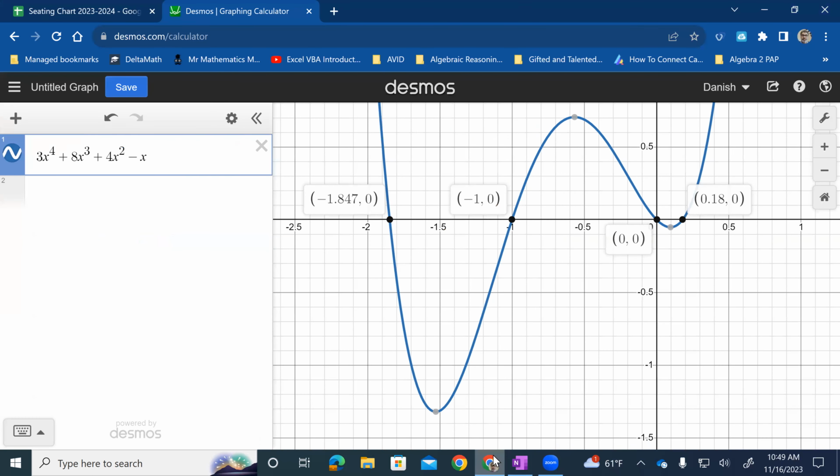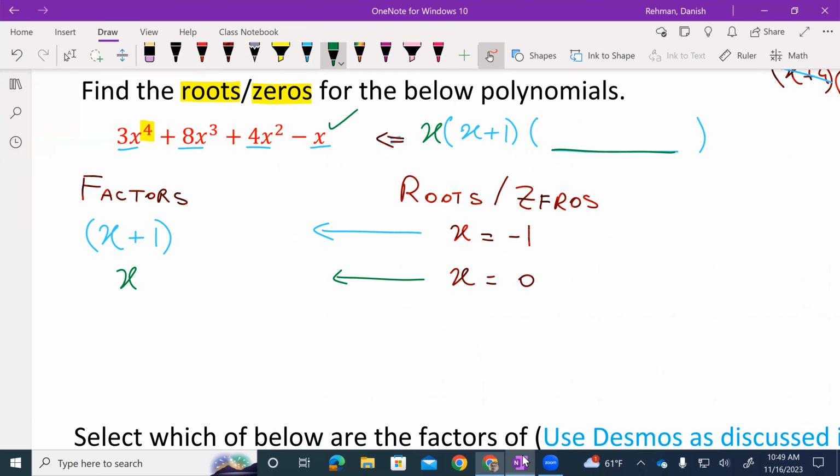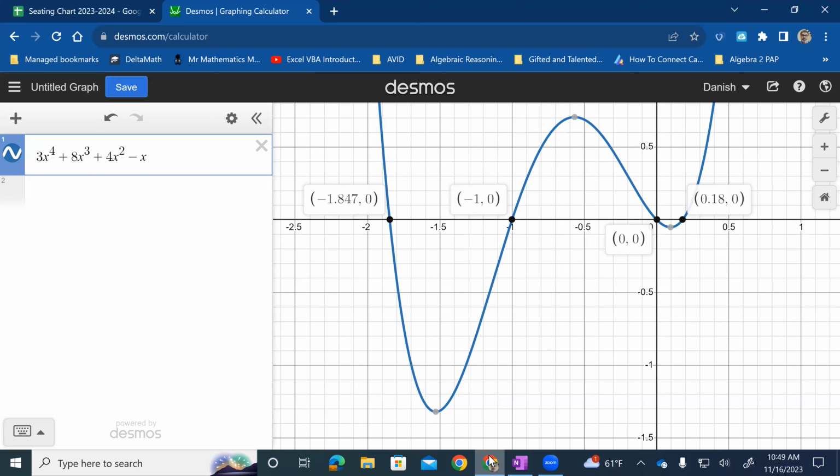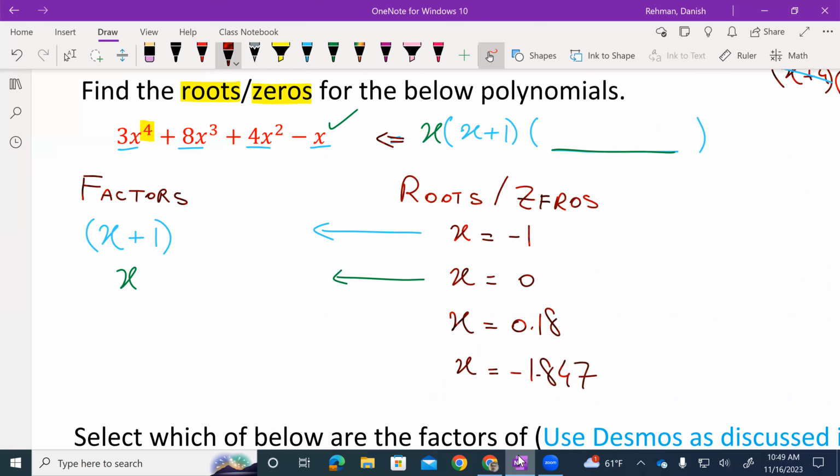When I'm saying rational, these are not whole numbers: 0.18 and -1.847. I can bring those over here and claim that these are also the roots, 0.18, and there is another one where x is -1.847. Let's make sure that I have taken the values correctly. Okay, 847.